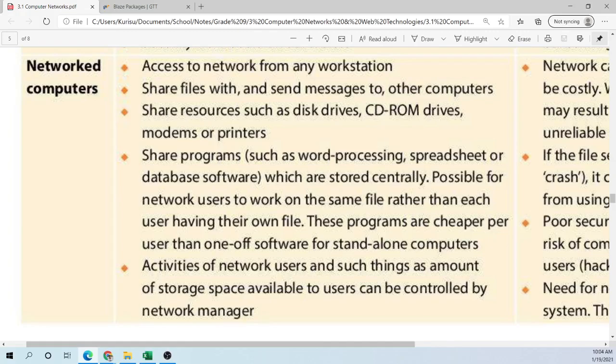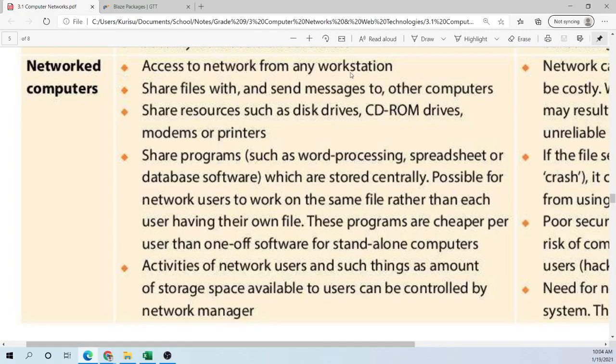Possible for network users to work on the same file rather than each user having their own file. These programs are cheaper per user than one-off software for standalone computers. Activities of network users and such things as amount of storage space available to users can be controlled by a network manager. Good.